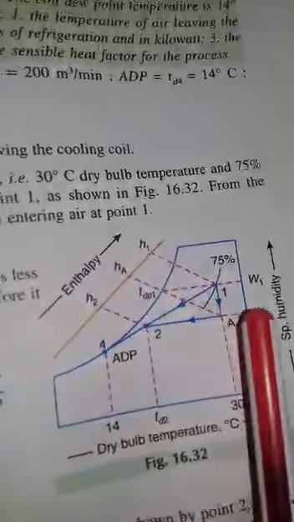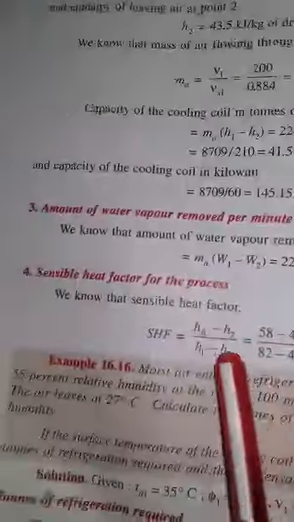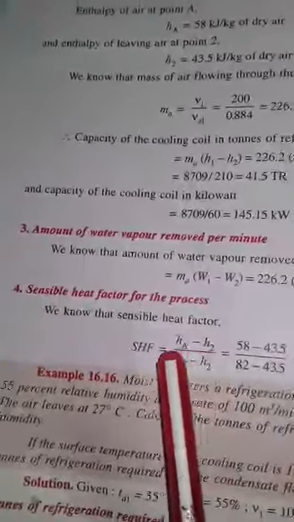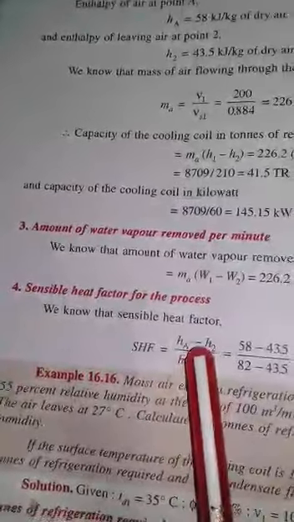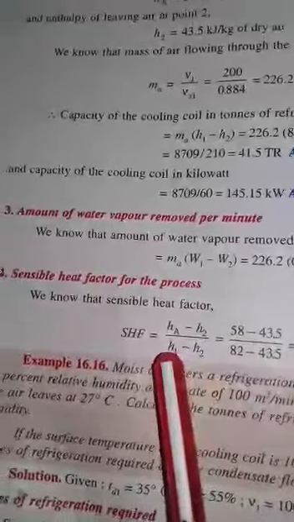Putting those values over here, earlier we found HA, H1 and H2, all three values calculated from the chart only. So putting those values, HA minus H2 divided by H1 minus H2.